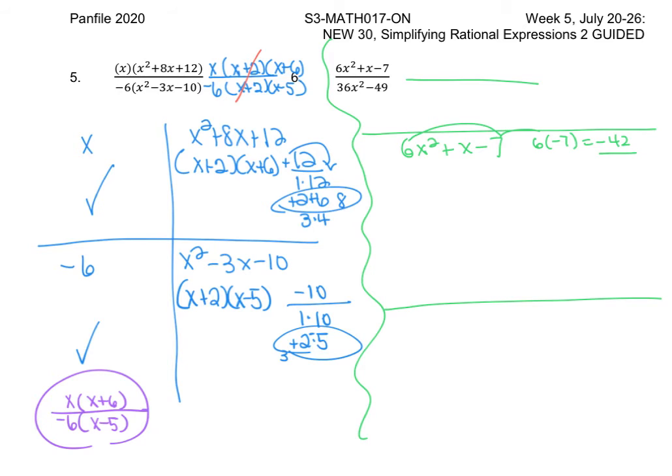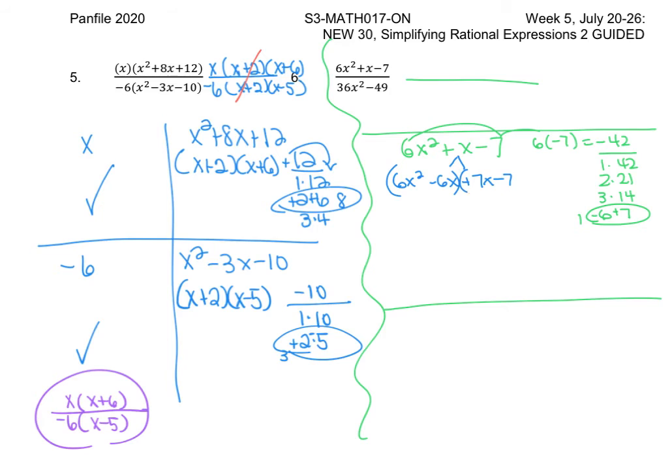Factors of negative 42: 1 times 42, 2 times 21, 3 does work, sorry, it's 14. 4 doesn't work. 5, 6 times 7. We want that one, and we want a positive 7, negative 6, because we are looking to subtract so that we get a positive 1. And we want to break our middle term into that. So we get 6x squared minus 6x plus 7x minus 7.